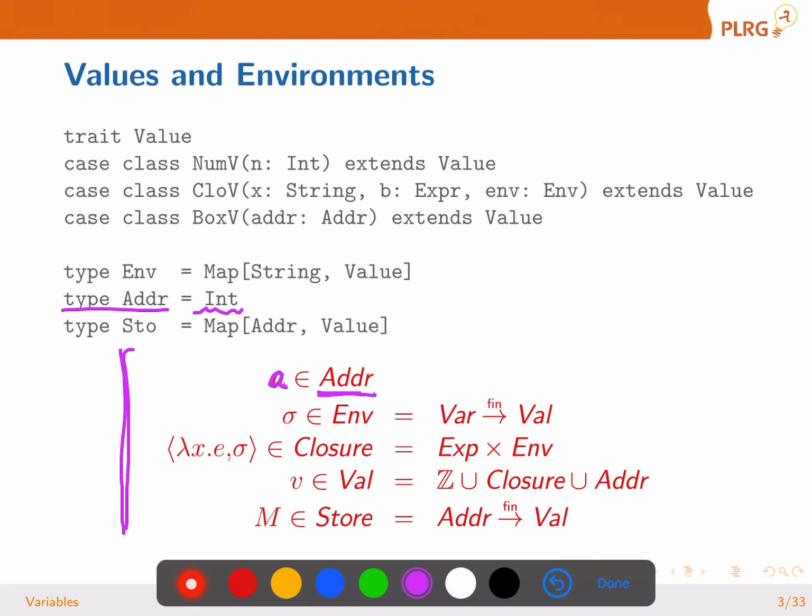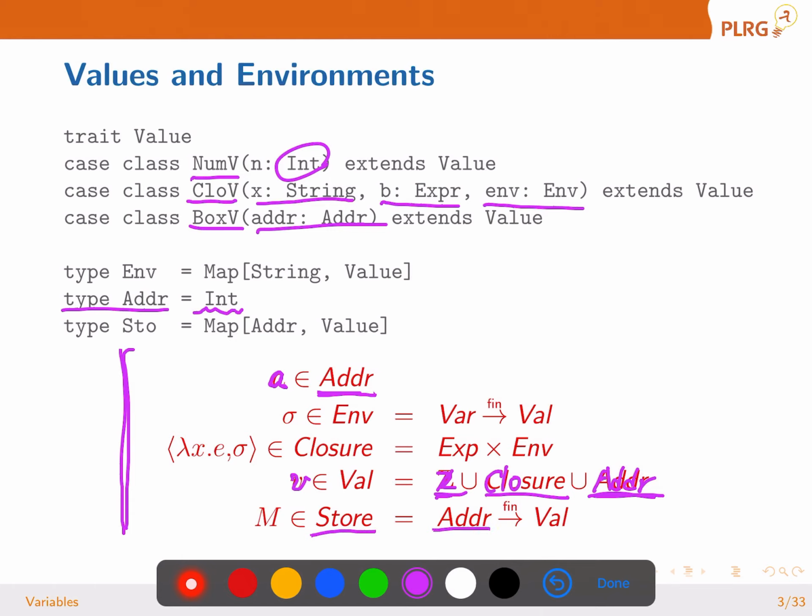Here, value V is either num V or closure V or box V, right? Num V, which has an integer, closure V, which has a parameter name, body expression, and the environment, and box V using the address, containing the address. And store is a map from addresses to values. And we're gonna use M memory for store.